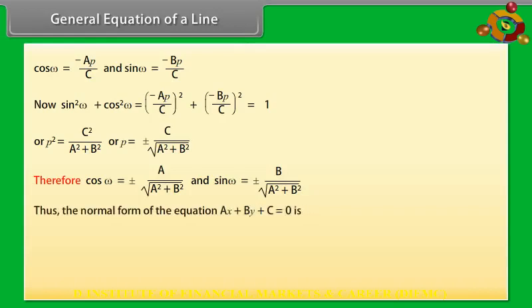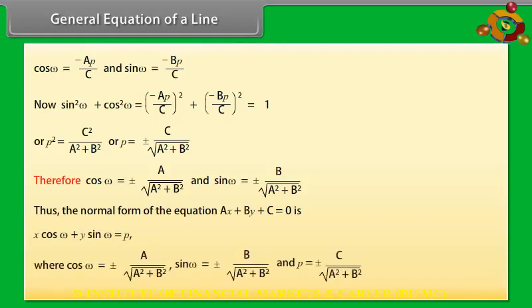Thus, the normal form of the equation ax + by + c = 0 is x cos omega + y sin omega = p, where cos omega = ±a/square root of (a^2 + b^2), sin omega = ±b/square root of (a^2 + b^2), and p = ±c/square root of (a^2 + b^2).